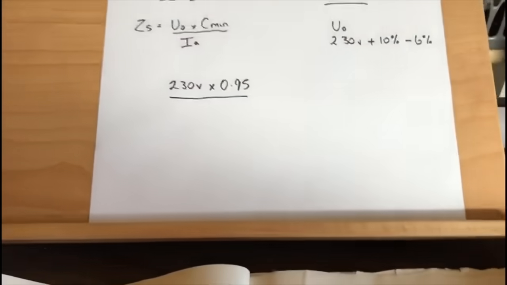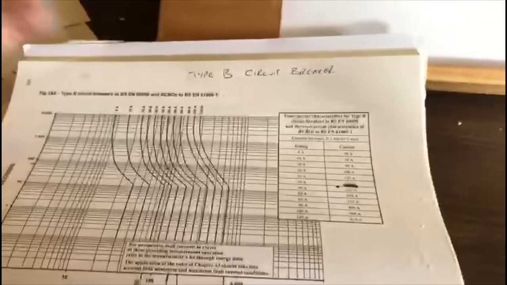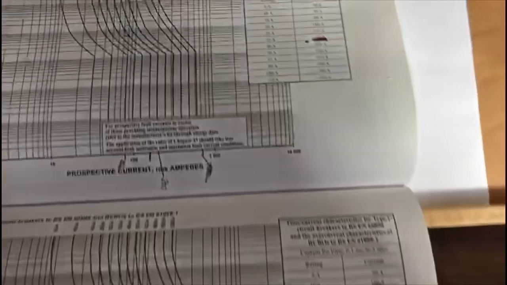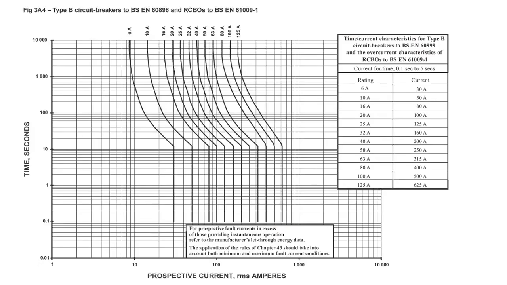Now, in order to find IA, we need to turn to another page in the book, which happens to be on page 370. And these are the time graph characteristics. So it's got here figure 3A4, type B circuit breaker, again 60898.